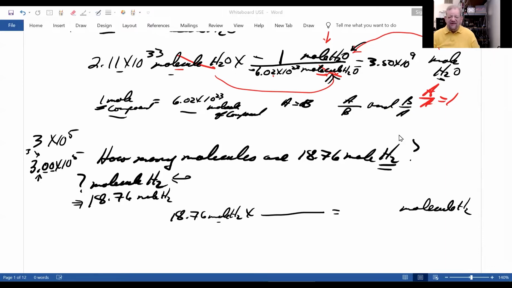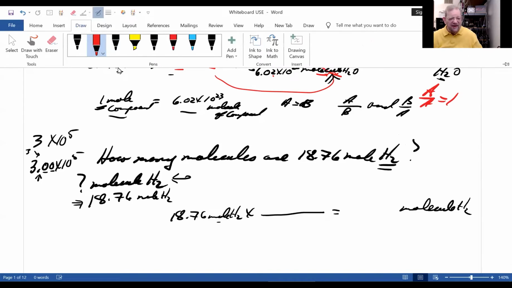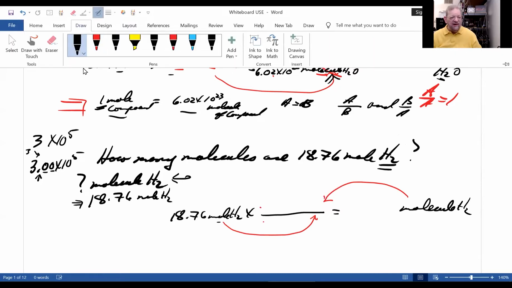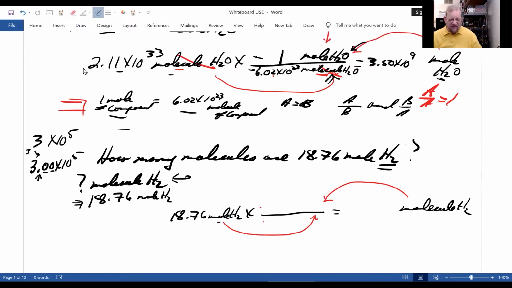Anyways, now it's time to use your good buddy, your good friend, unit analysis. Whatever you're trying to get to goes on top, the units. Whatever we're trying to get rid of goes underneath. And where do we get these two numbers? From this relationship, and that is 1 mole of a compound equals Avogadro's number.